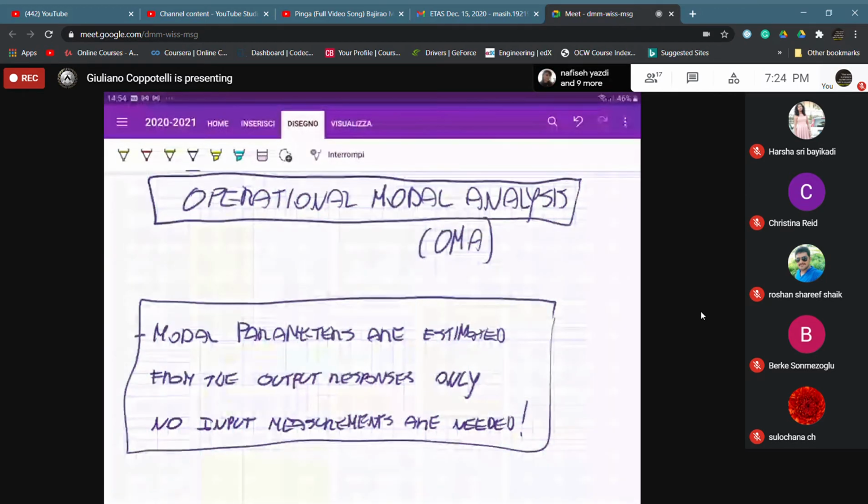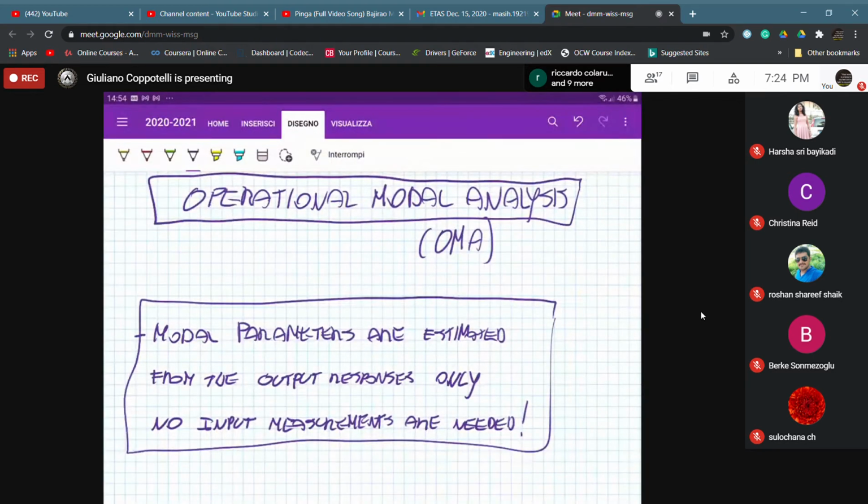That could be impossible using the other approaches that we saw together during the last week because we can't measure the input.